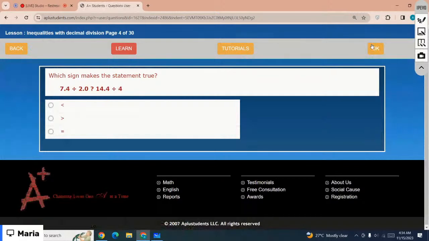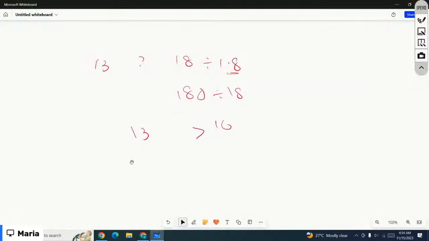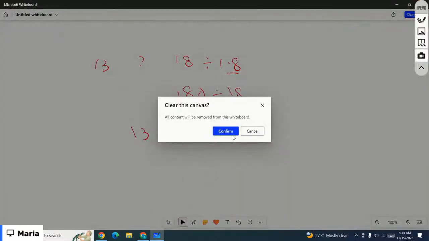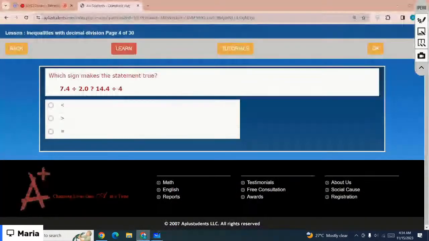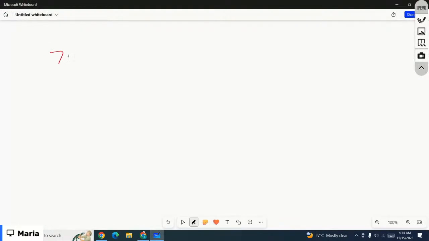Okay, the next one is which sign makes the statement true? 7.4 divided by 2.0, and you have to compare it to 14.4 divided by 4, right?